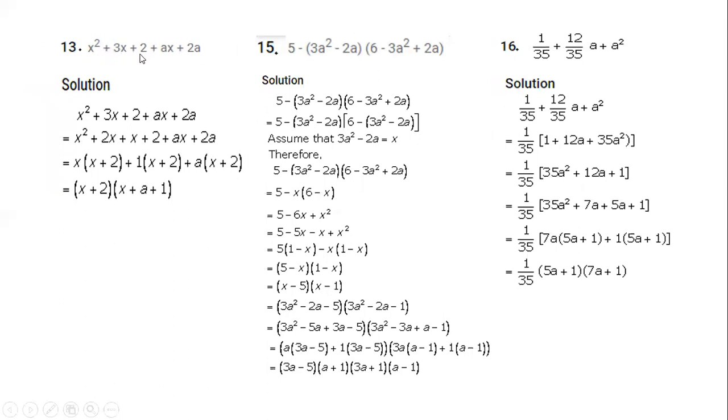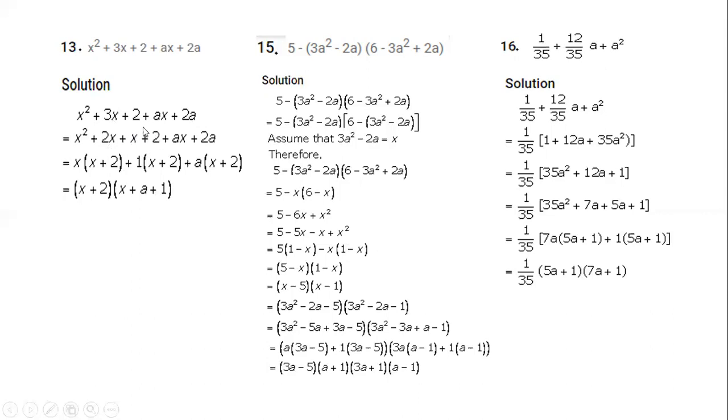x square plus 3x plus 2 plus ax plus 2a. So this expression can be written as x square plus, can I write this 3x as 2x plus x? If I write this 3x as 2x plus x, then from this first pair, x square plus 2x, I can take x common and we are left only with x plus 2.